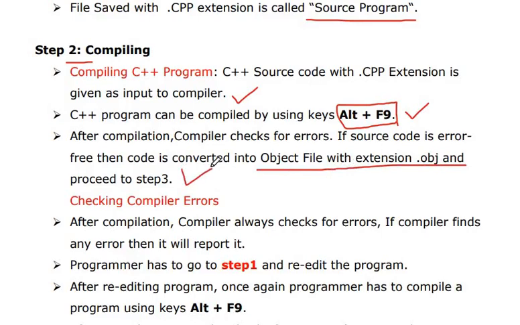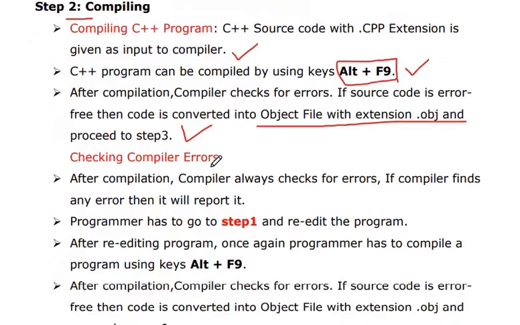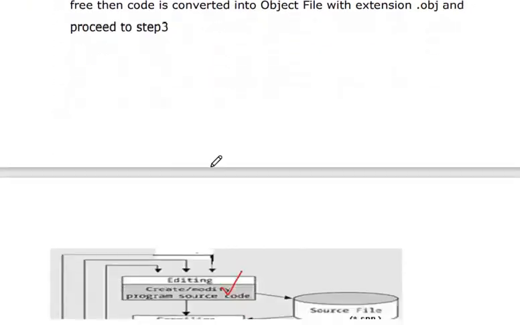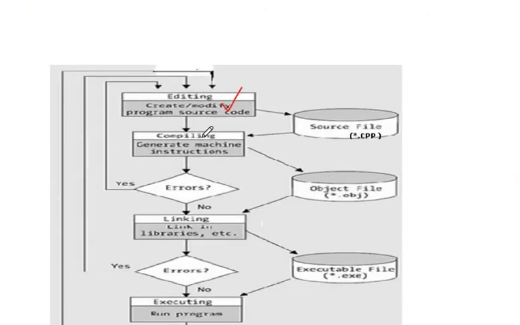So the source program is given as an input to the compiler. Next, the compiler compiles the program. If the program is error-free, then the code is converted into the object file with the extension .obj. Here the source program is .cpp, and before the .cpp we have written a star.